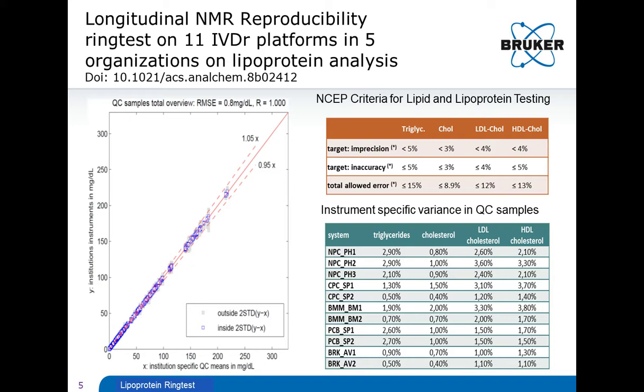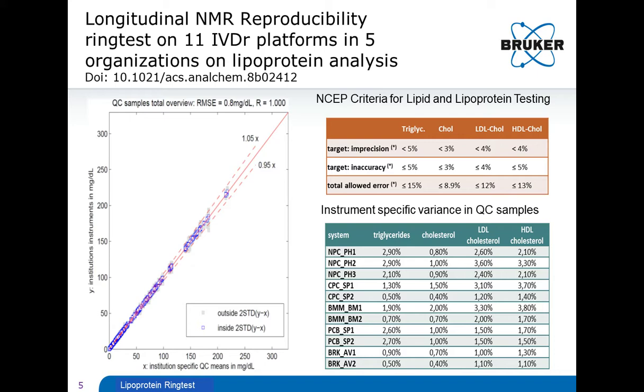What we are looking at here is just the results of the QC samples generated on those instruments. If we look into comparability and reproducibility of the data, you see it is exactly on the diagonal, and the R value is basically 1.